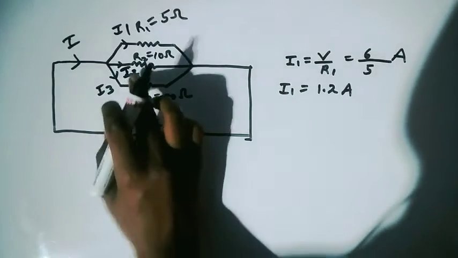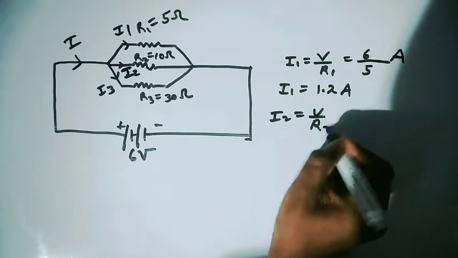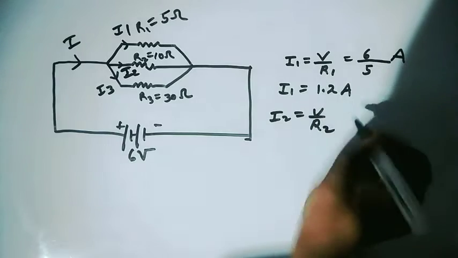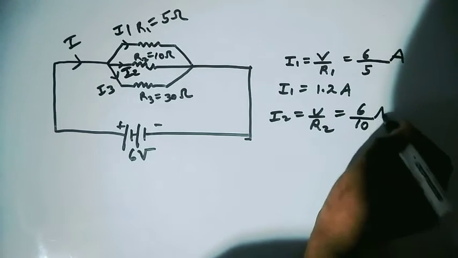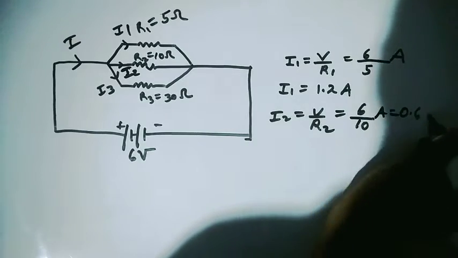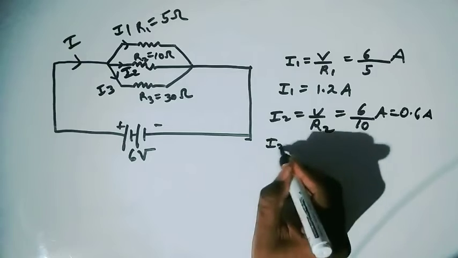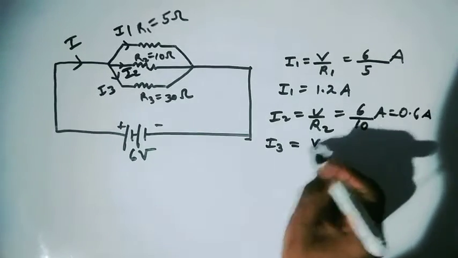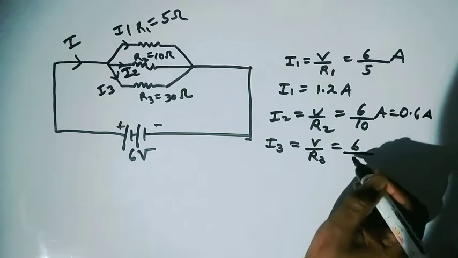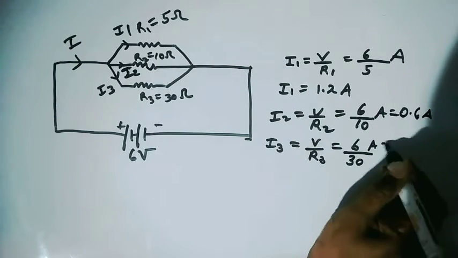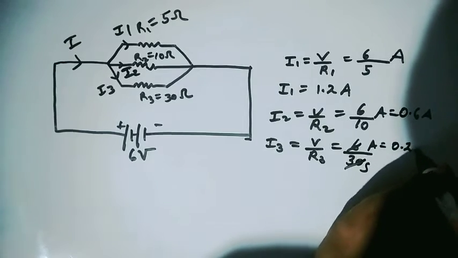Now I2 is equal to V by R2, in a similar way. So this is 6 by 10 ampere, this is 0.6 ampere. And I3 is V by R3, this is 6 divided by 30 ampere, this is 0.2 ampere.